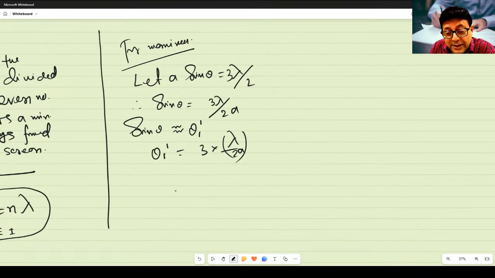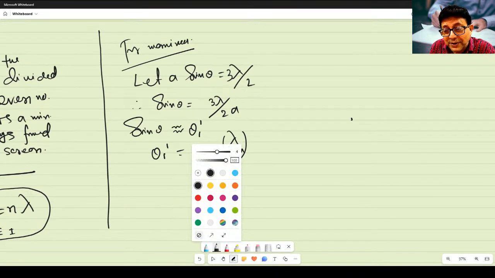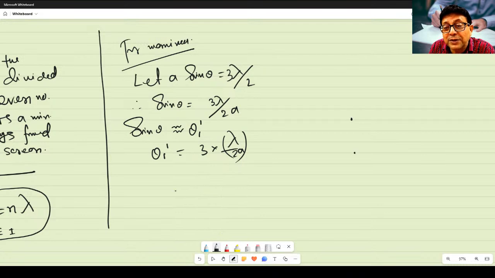What is happening there? Same slit. If it is divided into three parts, then what will happen? This is A, B, C1, C2 and point P on the screen.